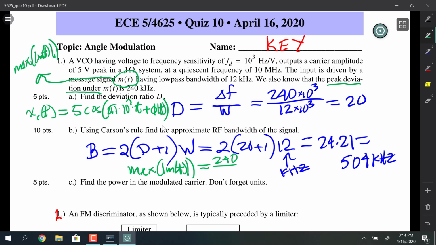If I know peak deviation is 240 kilohertz, and I know the sensitivity is 1 kilohertz per volt, so I divide that by 1. That would be 1 kilohertz per volt, and then the units would come out to be something ridiculous like 240 volts, which is not really very practical. It's just the way I had the problem created.